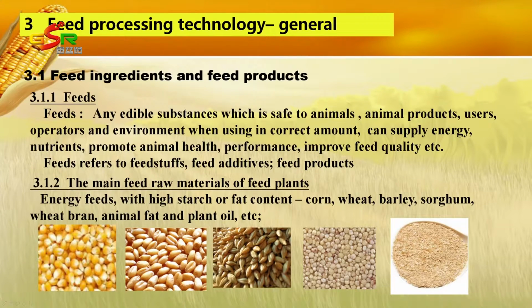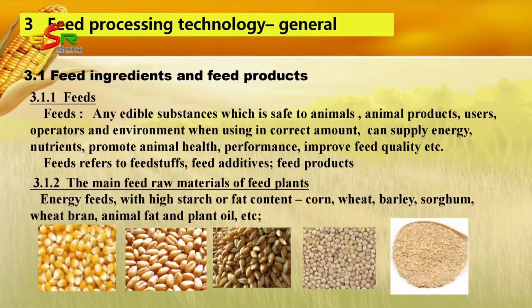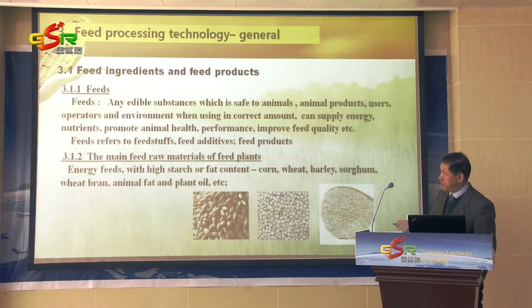And the second topic is the main feed raw material of the feed plants. In the feed mill or feed plants, the main feed raw materials, first is the energy feed. It's most widely used.